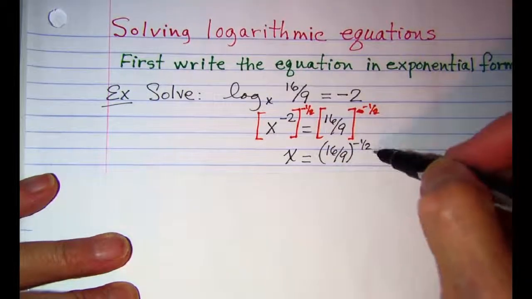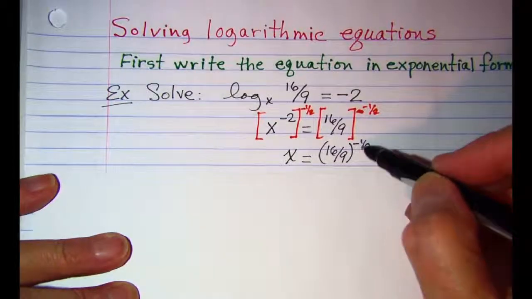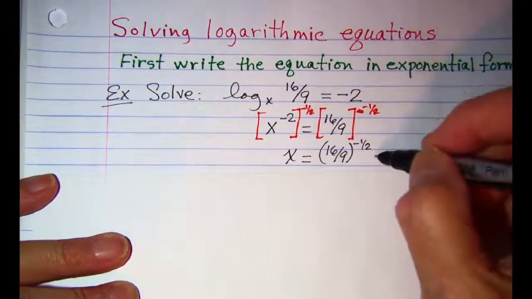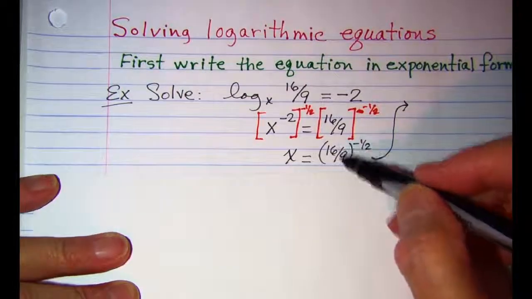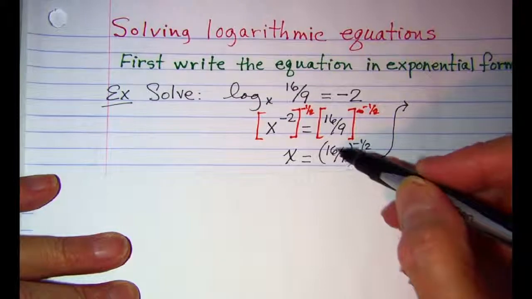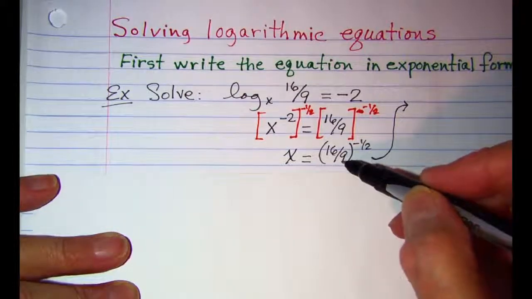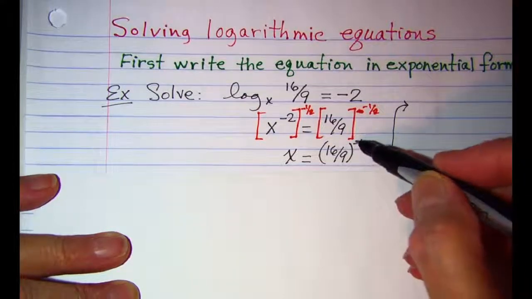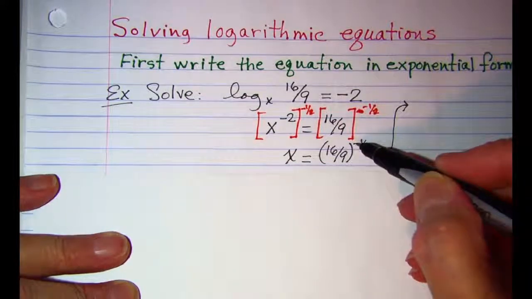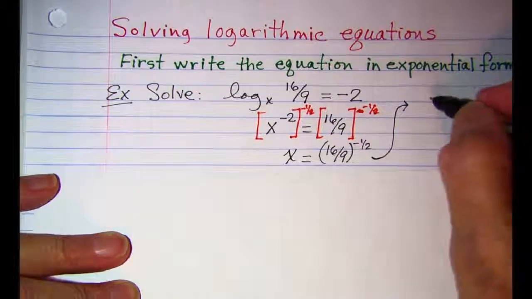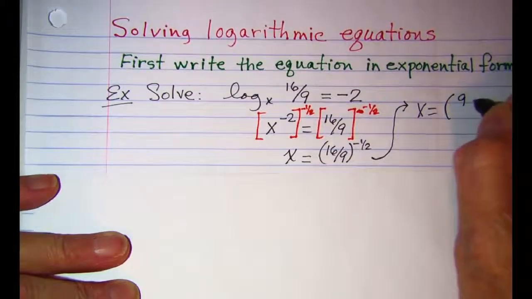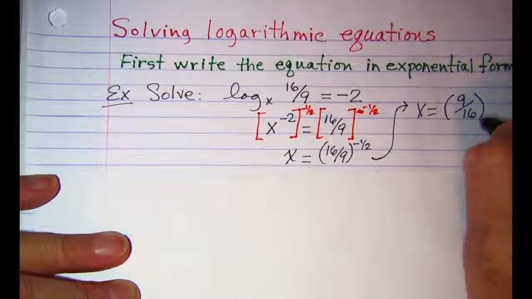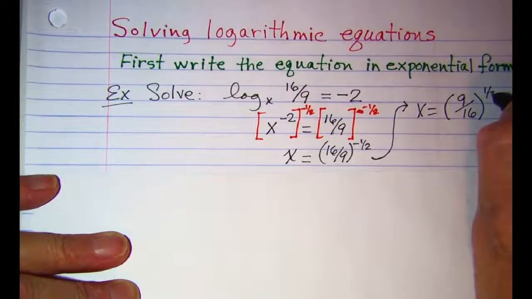Now I'm going to take this in steps. Let's first get rid of this negative exponent. We know that a negative on the exponent will turn this upside down. So the 16 will go down to the denominator, and the 9 will come up to the numerator if we apply this negative exponent. So this gives us 9/16, and now it's just raised to the 1/2 power.